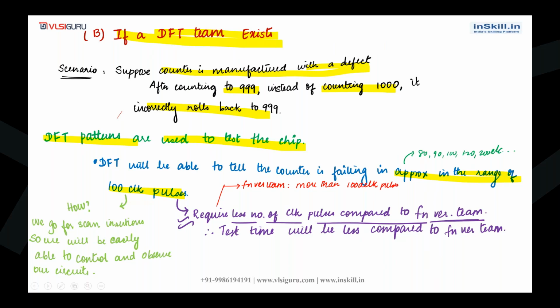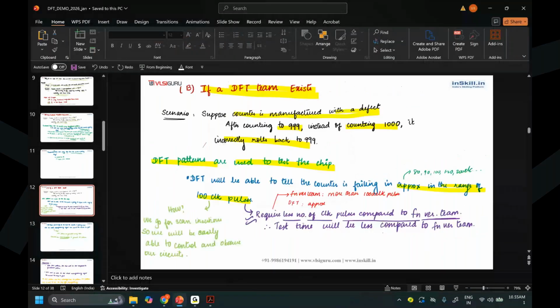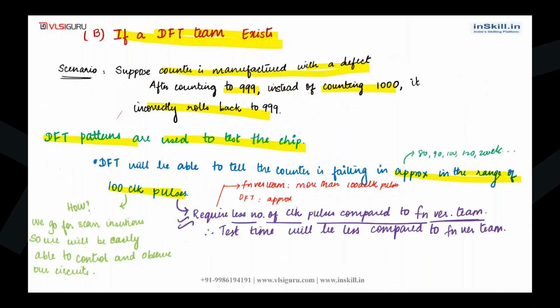Whereas DFT team, we approximately require in the range of 100 clock pulses.